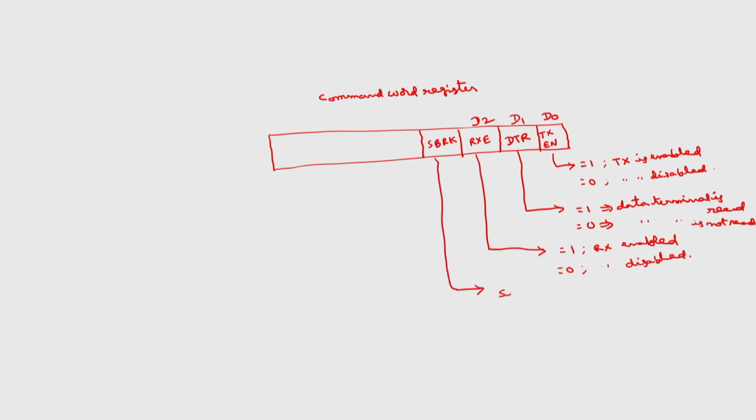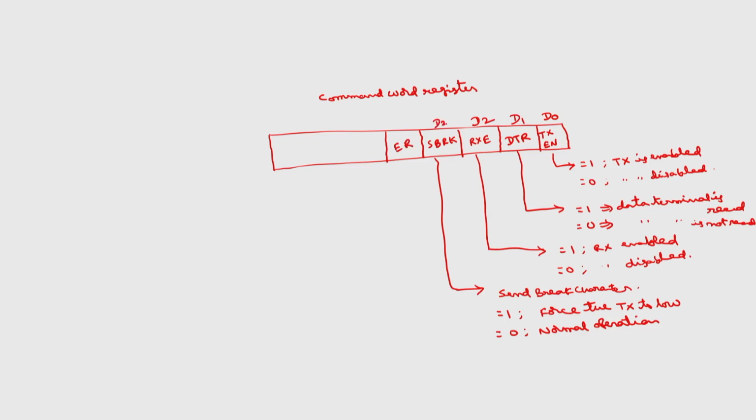This is send break character. If this bit is 1, it will force the transmitter to low. If this is 0, normal operation. Then the next bit is the error signal ER.